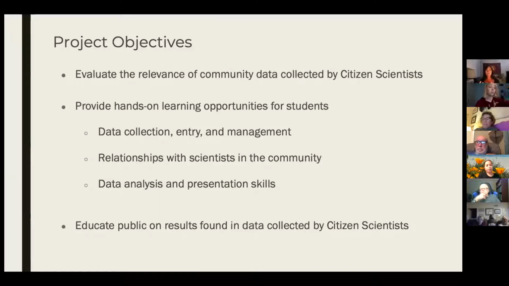Is there relevance to the way that a citizen scientist group collects their data in such a way that we could actually use it to explain the communities that they've been sampling in?